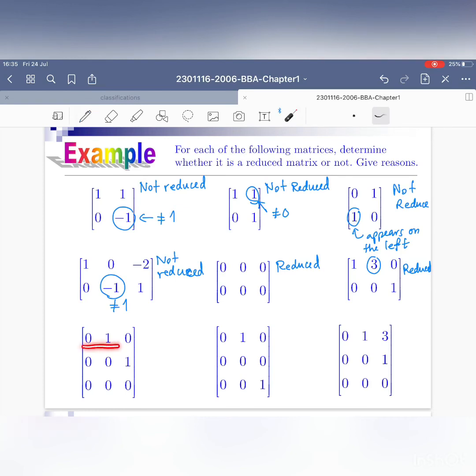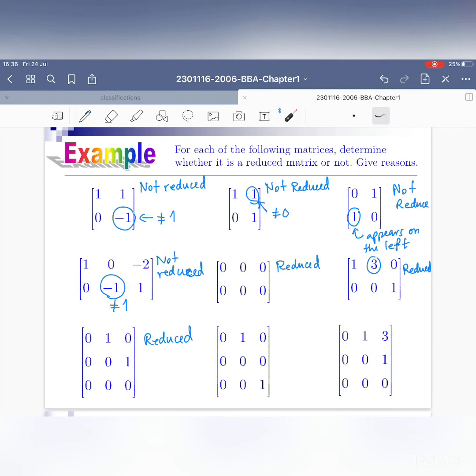How about this one? Your first non-zero, this is your leading, the rest are 0, so it's okay. This is your second non-zero row. Here your leading is 1, and the rest outside it is 0, and your 1 is to the right of the previous row. So this one is reduced again. Okay.